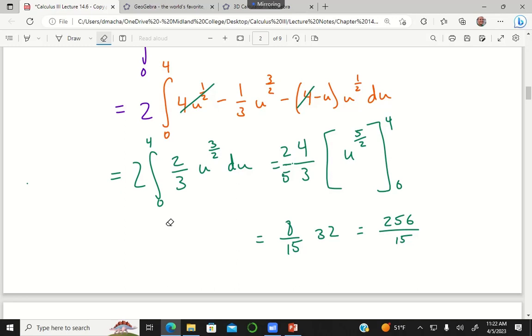So let me double check my answer. No, that's actually it. Okay, so no mistakes. It's neat that that's a rational volume. Okay.